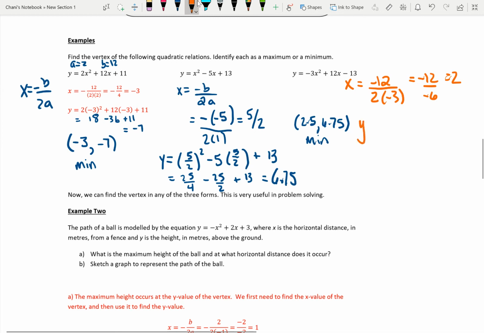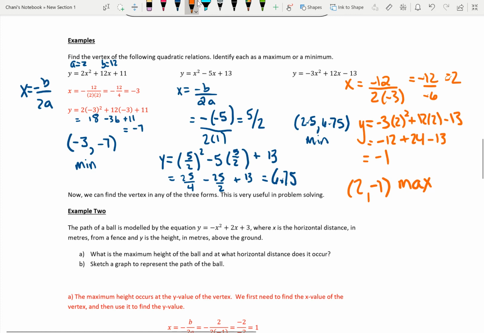So the y value is negative 3 times 2 all squared plus 12 times 2 minus 13. So this is negative 12 plus 24 minus 13, which is negative 1. So 2, negative 1 is a max because it opens down.